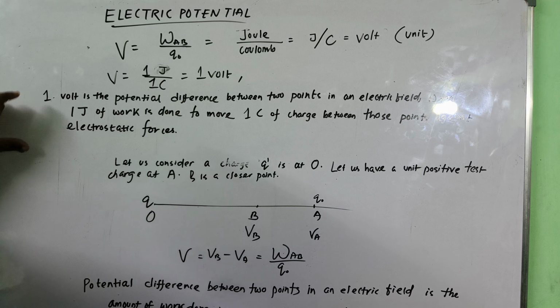A is at an infinite distance, and at infinity, electric potential is zero. It is considered that electric potential is zero. So what is VA? If A is at infinity, it is zero.